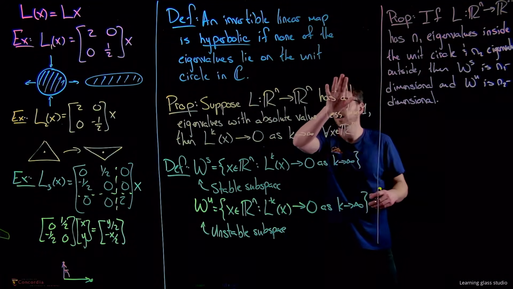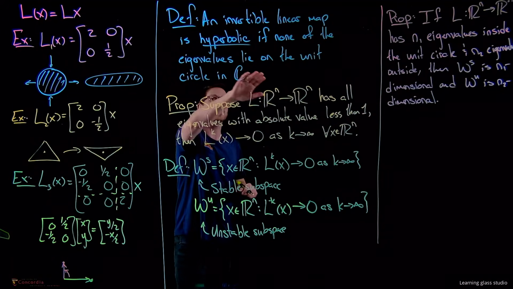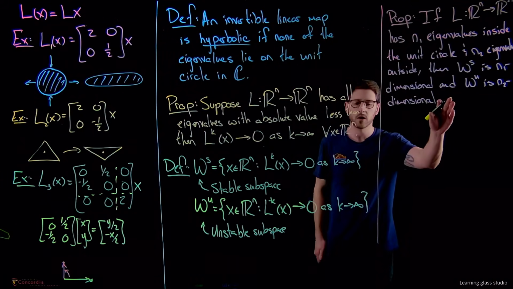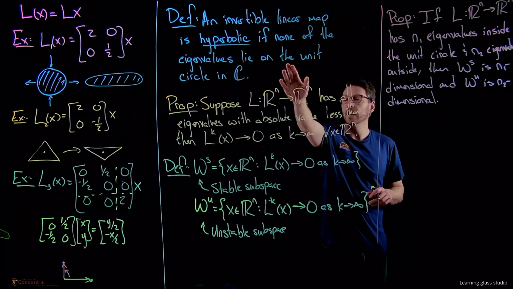This could be a non-hyperbolic invertible linear system, in which case you could have what we would call the center space, which are the eigenvalues that lie on the unit circle.